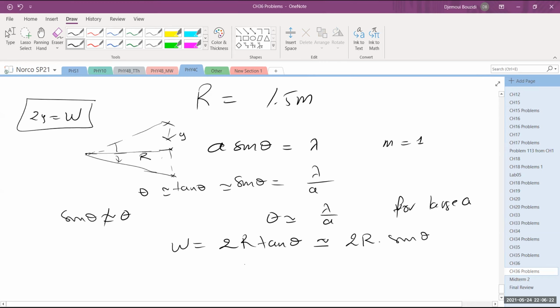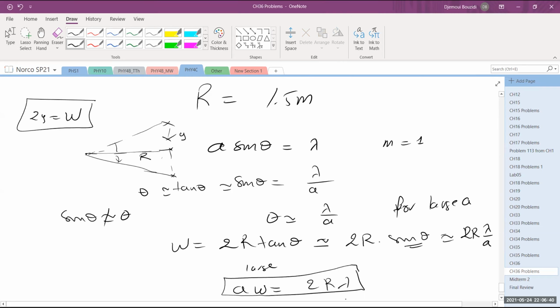This is for large A, which is in this case 2r times lambda over A. In that case, A times w will be just 2r times lambda, so it's not going to change anymore.